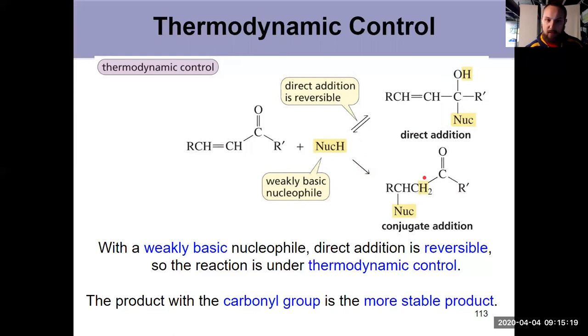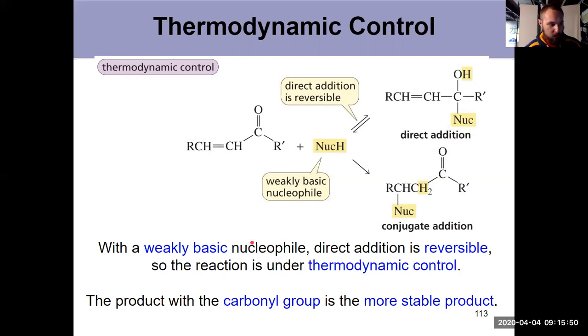If something's under thermodynamic control, your major product is the more stable product. And the more stable product, if you're thinking about direct or conjugate addition, is always coming from the conjugate addition. Say that differently, the conjugate product is the major product when you're under thermodynamic control because you've maintained the carbonyl from start to finish, which is inherently stable. Okay. So we need to look at our nucleophile.